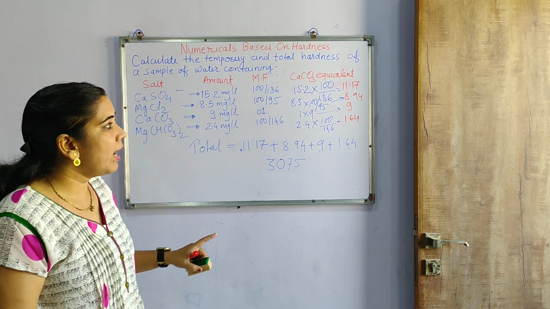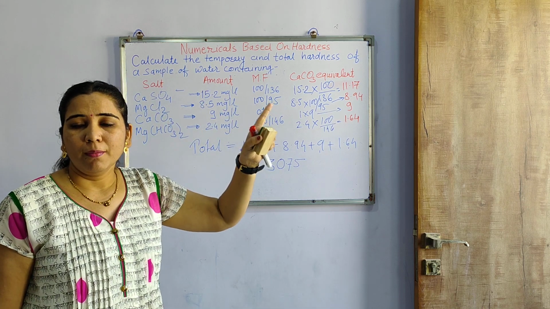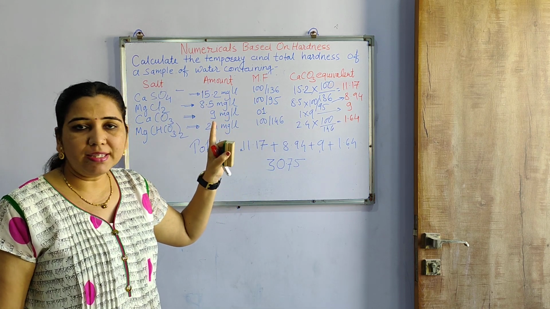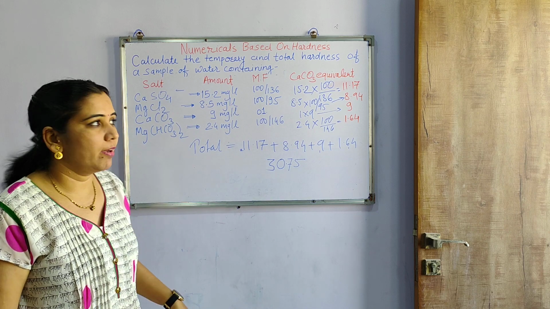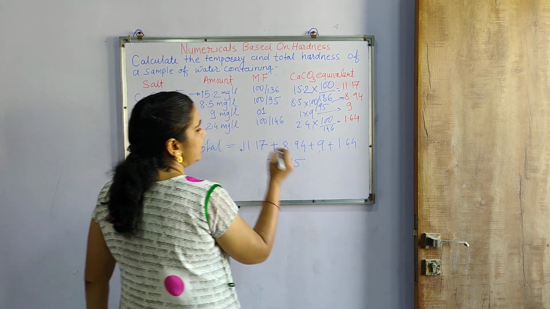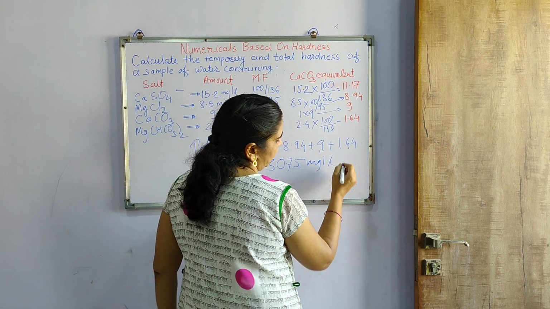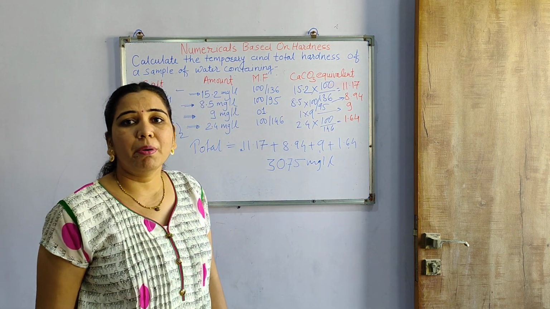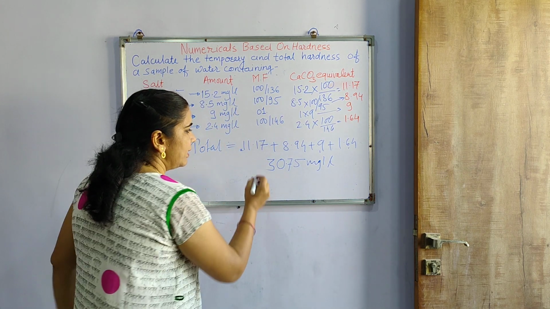So what will be the total hardness of the salts present in the water? It is 30.75. And what will be its unit? Its unit is milligrams per liter, because all the salts are given in that particular unit. So this is the total hardness.